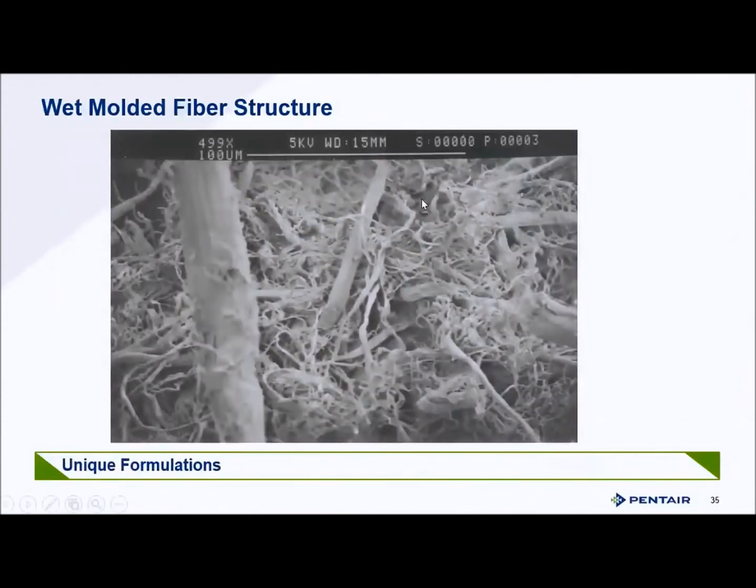So this is what that material looks like up close without the carbon impregnated in it. But you can see we have all these different paths through this material, holds a lot more dirt of all different sizes, and it reorganizes when it pulses on and off.